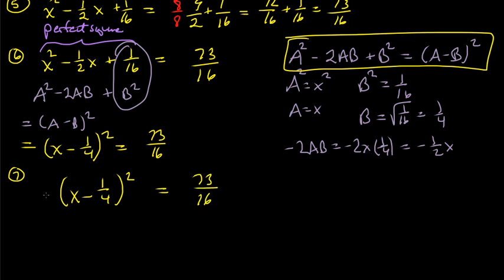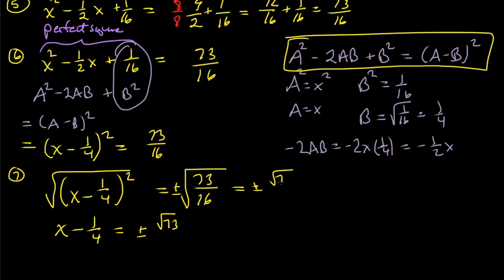And so to get rid of this square, we do the inverse, or the opposite. We take the square root, plus or minus the square root of the right side. So x minus 1/4 is going to be plus or minus the square root of 73 over the square root of 16. Now, 73, I think, is a prime number.